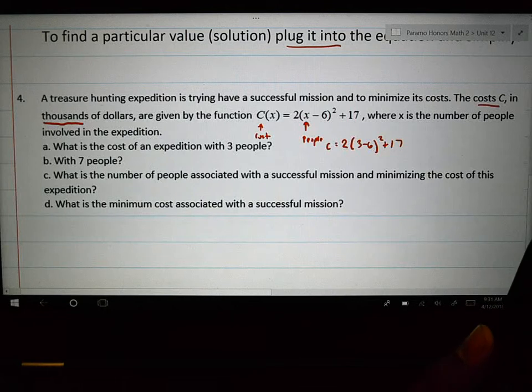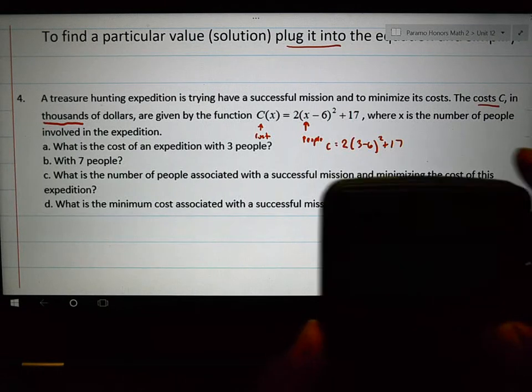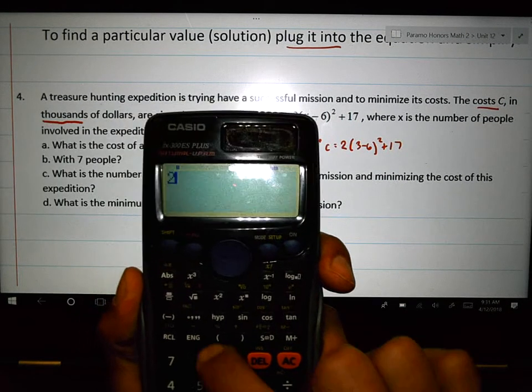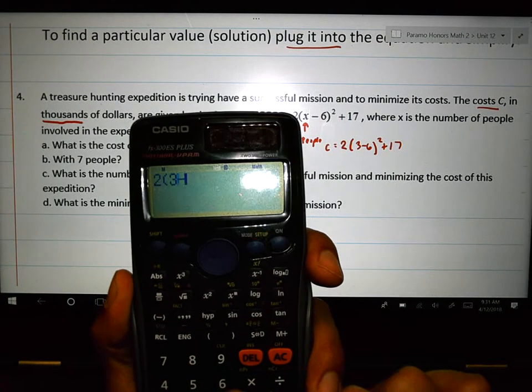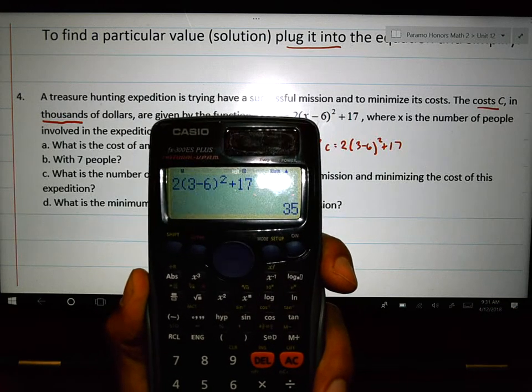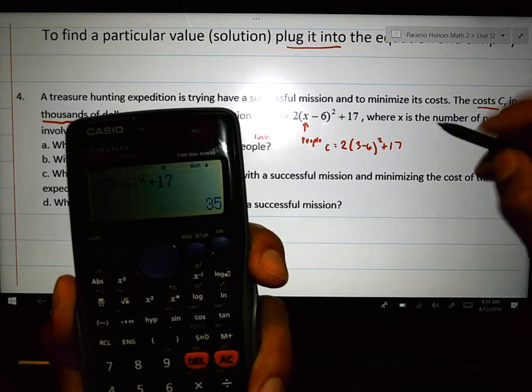3 minus 6, negative 3 squared. 9. 9 times 2, 18. 18 plus 17. Oh, man, I'm doing that all in my head. What is that, 35? Sometimes, if you want to double check yourself, like I do, check yourself before you wreck yourself, it's 35.